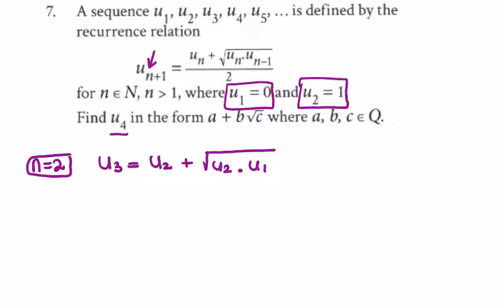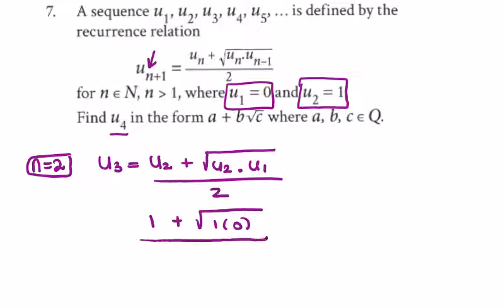That's why we had 2 of them. So there's 2 unknowns here, and we have 2 on the bottom. So u2 is 1 plus the square root of u2, 1, well, times 0 is going to just give 0 over 2. So this is just going to give a half for u3.